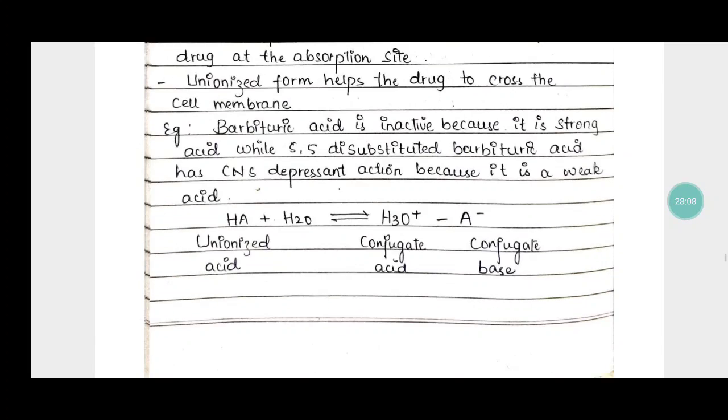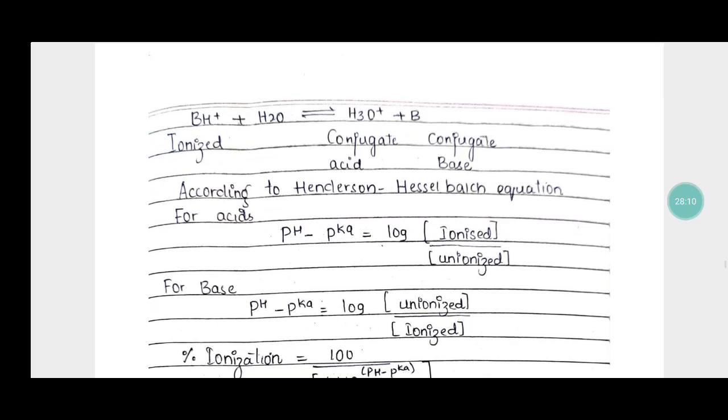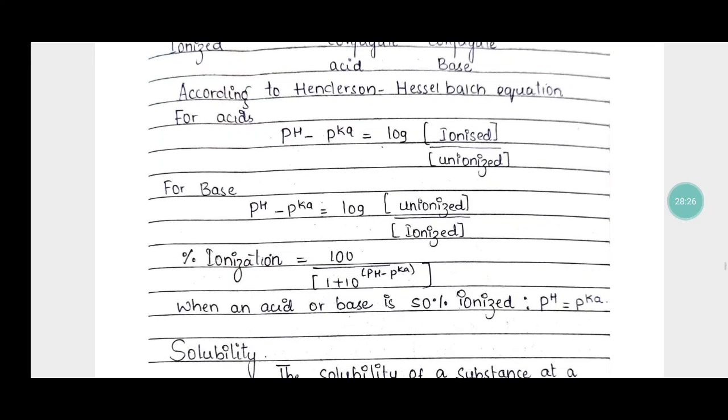The example for ionization is according to the Henderson equation. For acids, pH minus pKa equals log of ionized by unionized drug molecule. For a base, pH minus pKa equals log of unionized by ionized molecule.